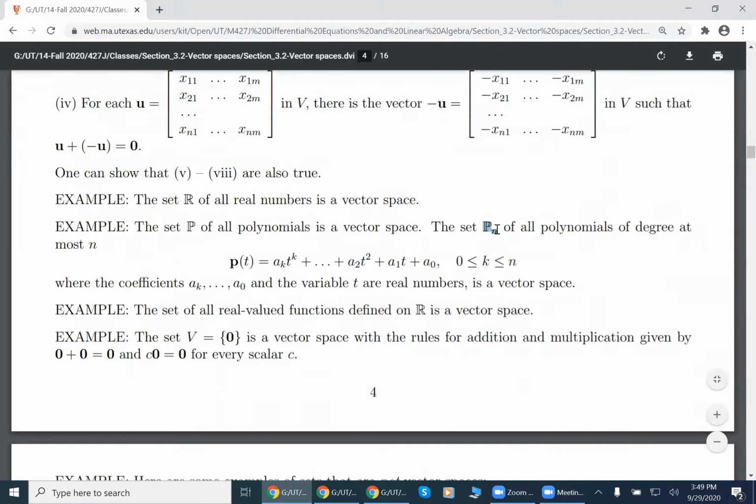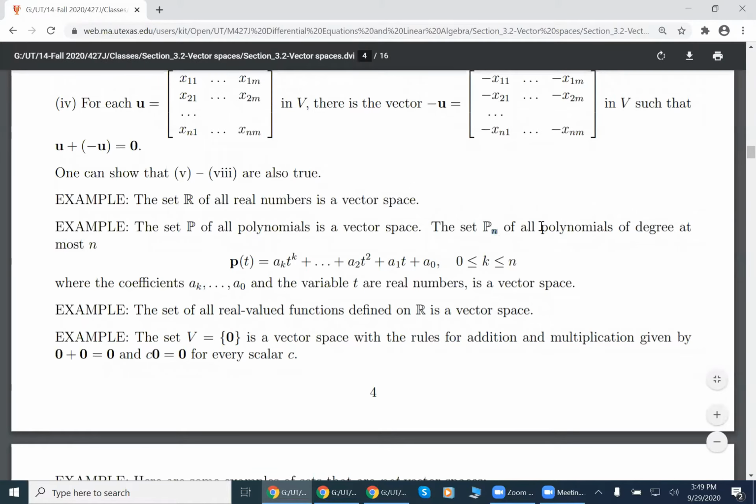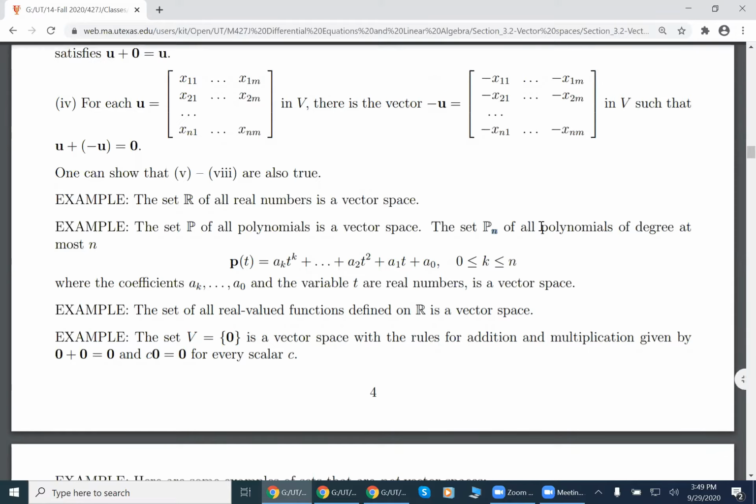By Pn, we mean the set of all polynomials of degree at most n. And now this is important, at most n, which means, for example, P2 is the set of all polynomials of degree 2 and the set of all polynomials of degree 1 and the set of all polynomials of degree 0.